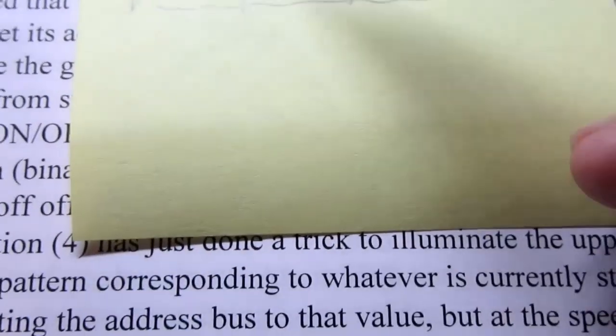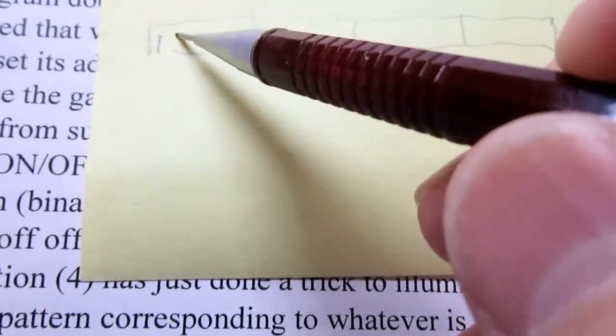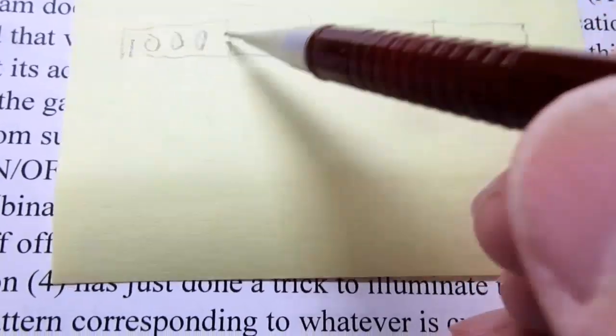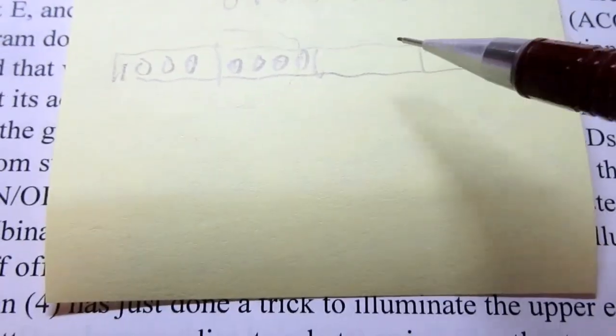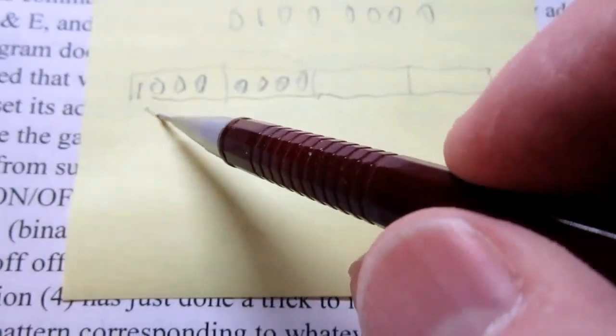By doing so, the address bus must be having these bits set. Now, that would be controlled by D.